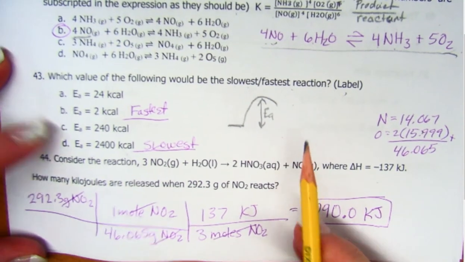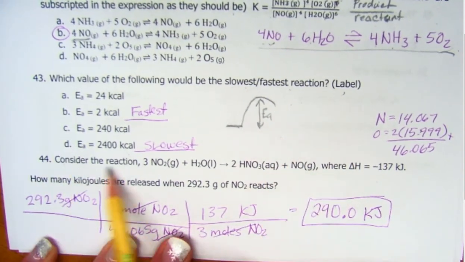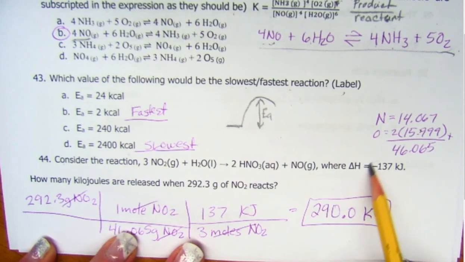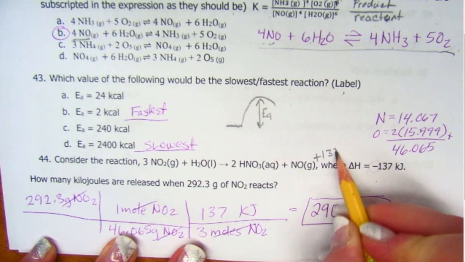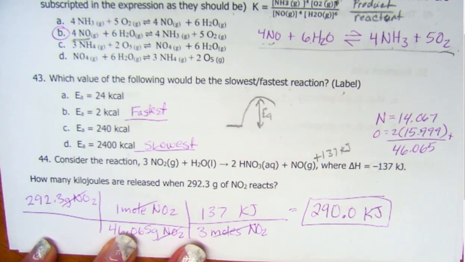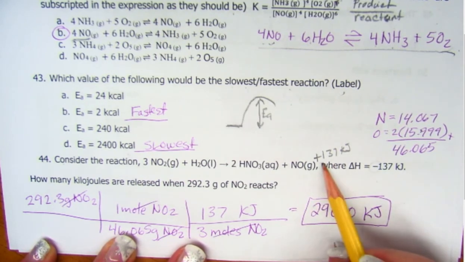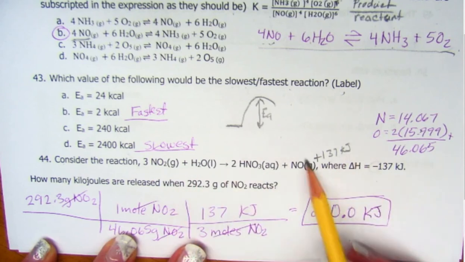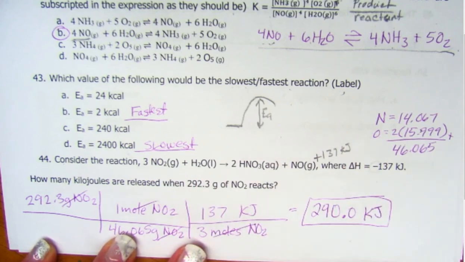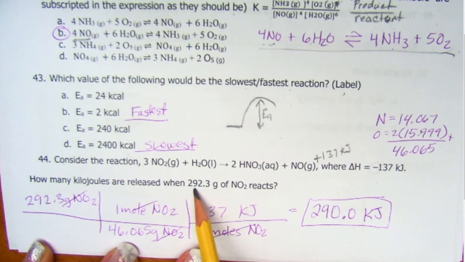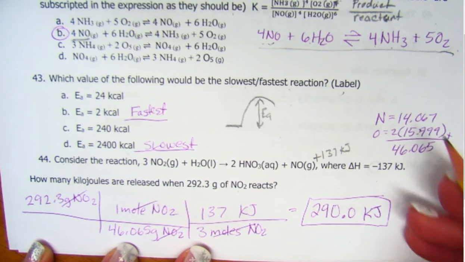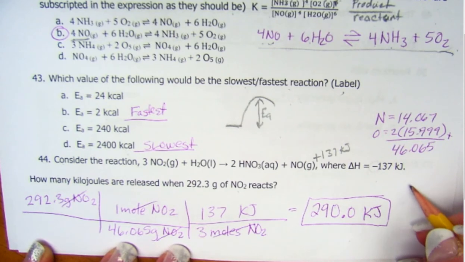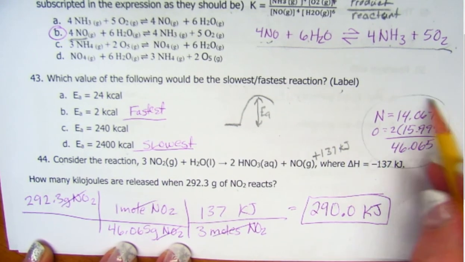Okay, last one here on the bottom. Consider this reaction, where we've got a negative again, so I'm adding that to my product side. It has become part of the equation. Because it's becoming part of the equation, when I get to my mole ratio, I can put that in as a mole ratio. So I start with my 292 grams of NO2. The first thing I need to do is add up NO2, which I've done right here.